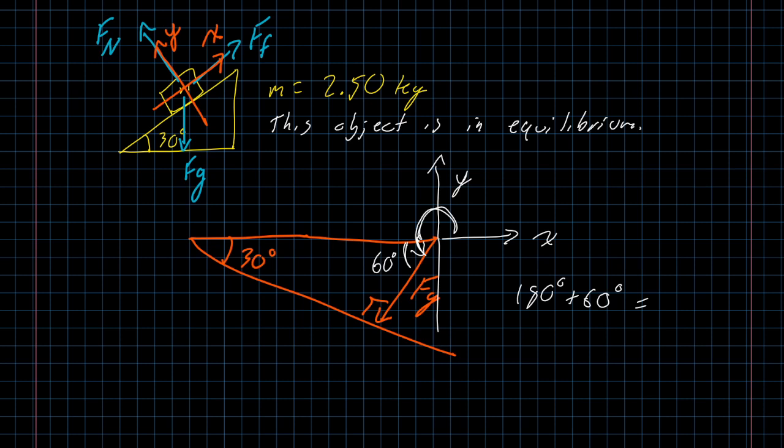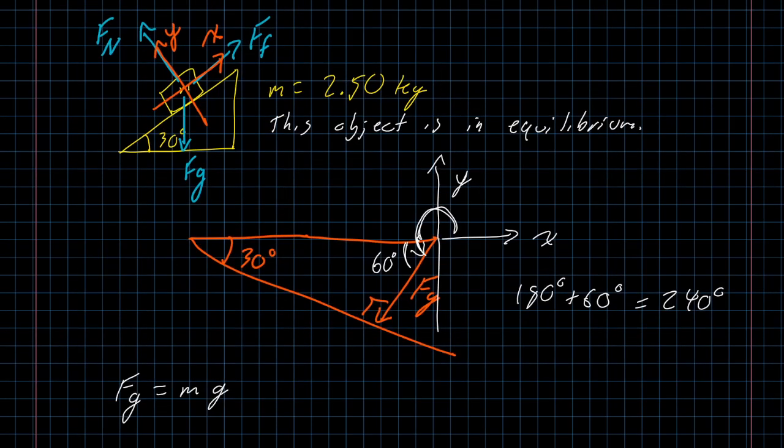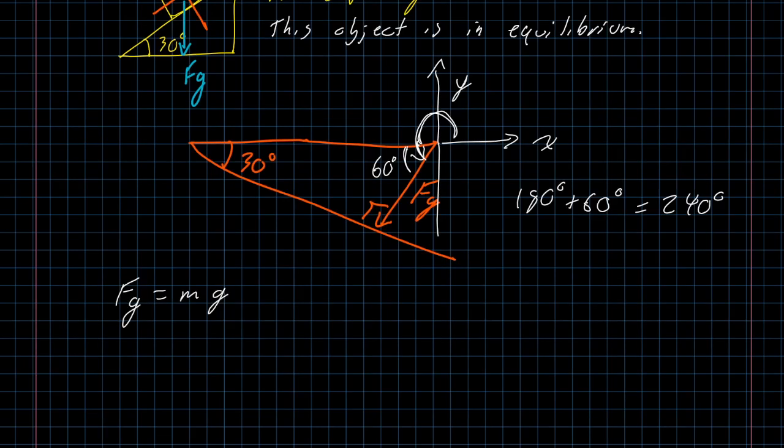All told, that's 240 degrees. The magnitude of the gravitational force is the mass times gravitational acceleration. The mass I just scrolled off the screen is 2.50 kilograms.